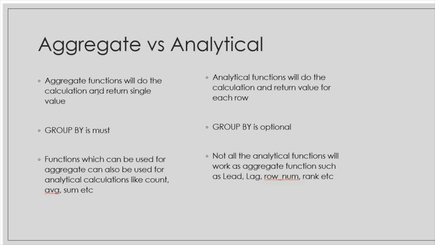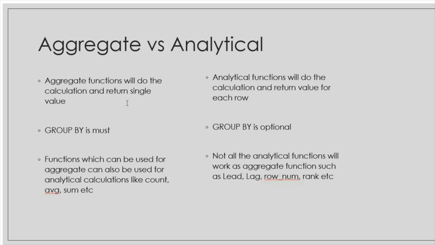So aggregate functions basically will do the calculation and then return a single value. When I say single value, it means suppose there are four rows in your query result set. When you put the aggregate functions, the number of rows will become less. It will not give you the four rows every time.